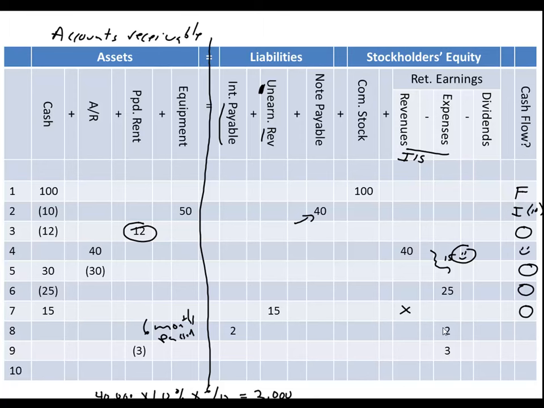Item 10, the last adjustment that we have to make, is the exact same thing as the prepaid rent, except just a little bit different. Just like with our prepaid rent, we bought a great big asset and we are expensing it over time. When we bought our great big piece of equipment, we're going to do the same thing.